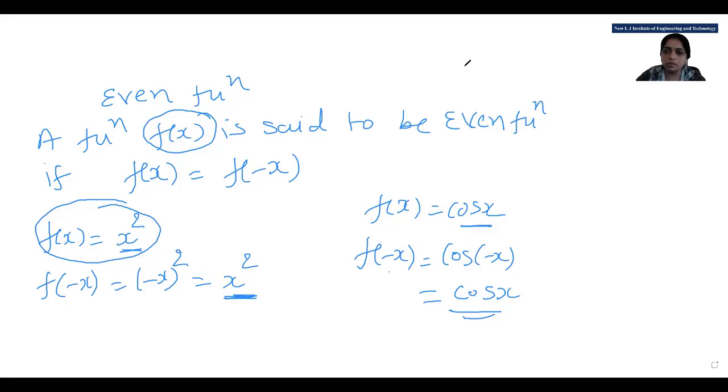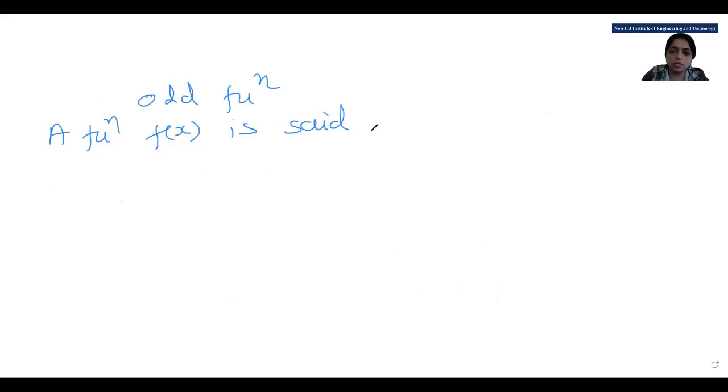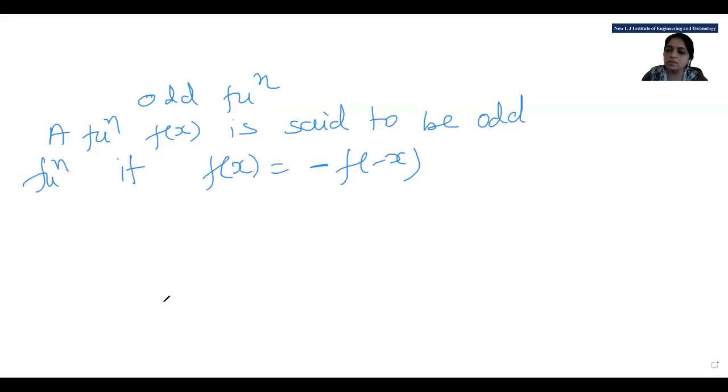But for the odd function, a function f of x is said to be an odd function if f of x is equal to minus f of minus x.